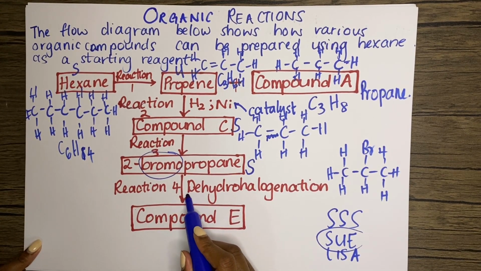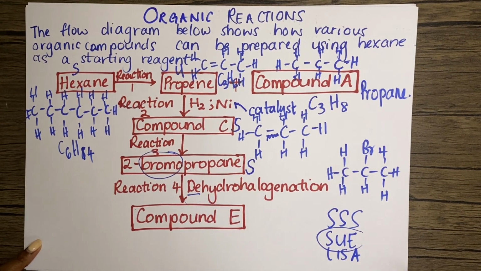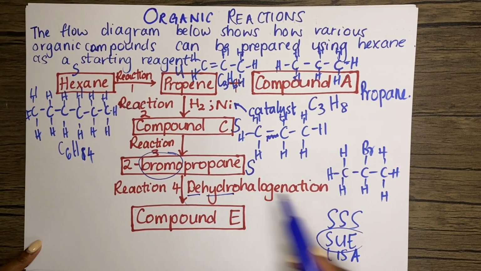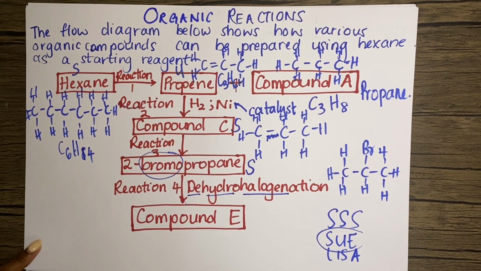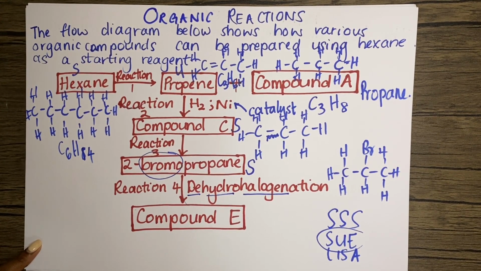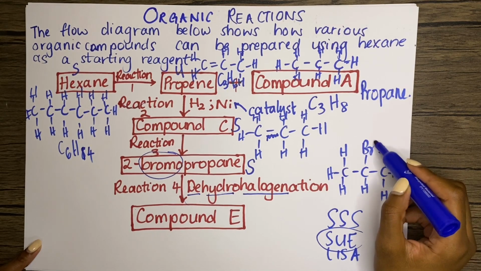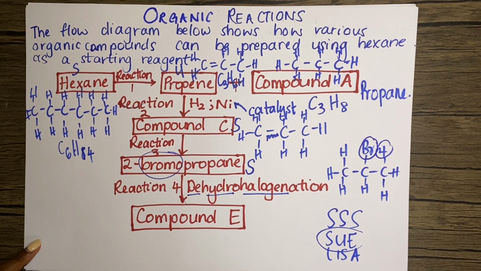So dehydrohalogenation is the removal of a hydrogen and a halogen, right? So it means from this molecule, the hydrogen and a halogen is removed. So hydrogen, halogen, and hydrogen, like that, right?